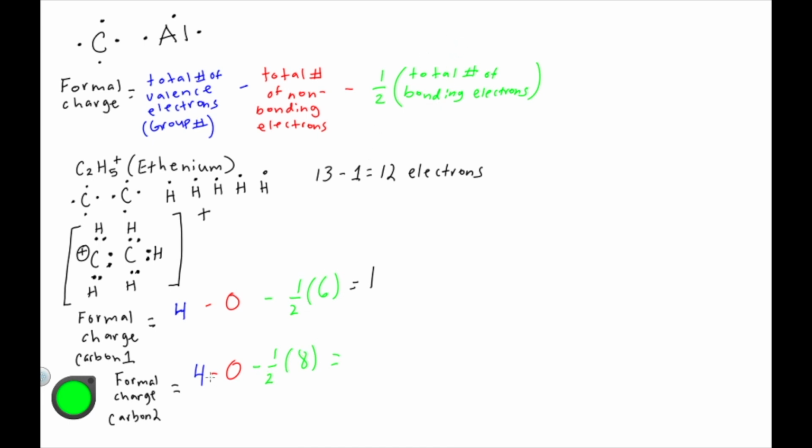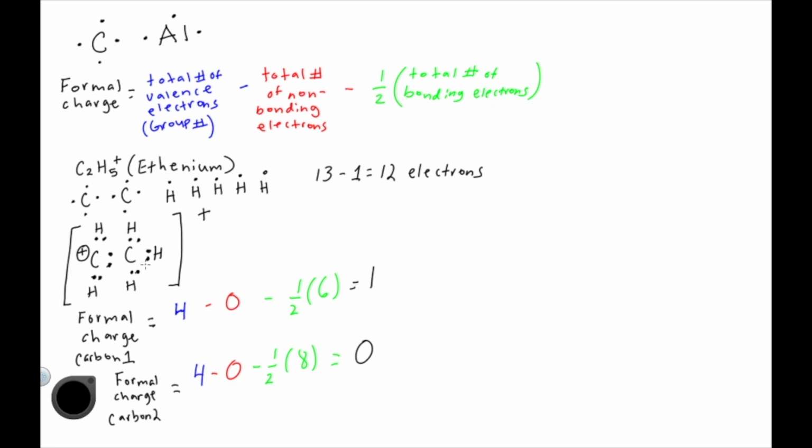So this is going to be 4 minus 0 minus 4, which is just 4 minus 4, which is 0. So the formal charge of this carbon is going to be 0, right? So therefore, it's going to have no formal charge, right? This carbon is going to have no formal charge on it. So we're not going to write anything next to this carbon.